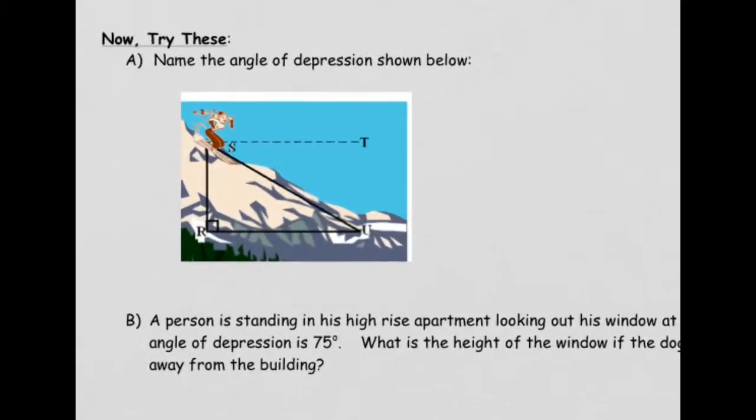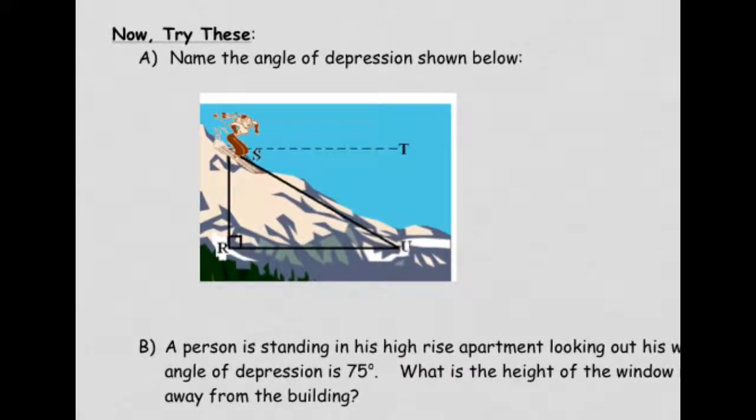Example number 3, they want you to try this. So let's try this together. Name the angle of depression shown below. Well, I'll let you try this for a second. So go ahead and pause the video and see if you can name this angle of depression.